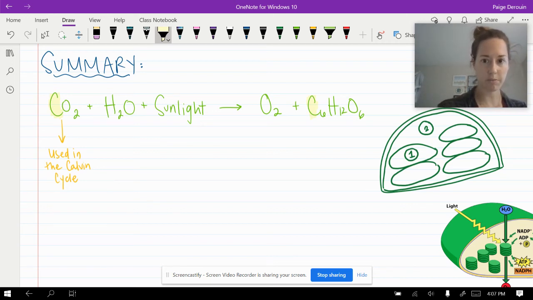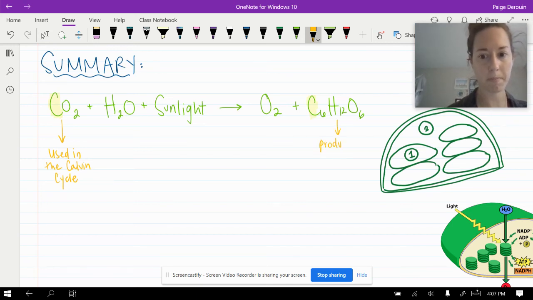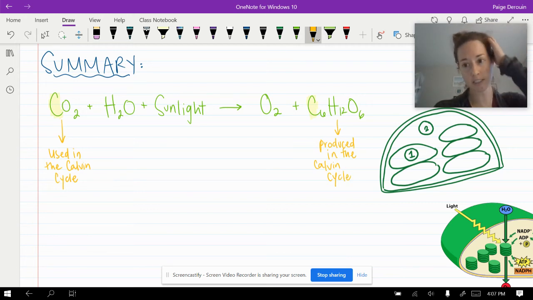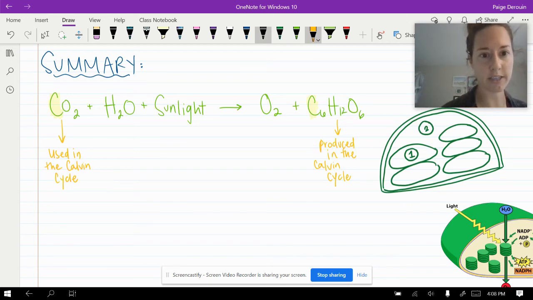And then, let me say that the glucose is produced in the Calvin cycle. And Calvin cycle is the same thing as light independent reaction or dark reaction. You can call them any of those things. And then what we have is our light reaction.